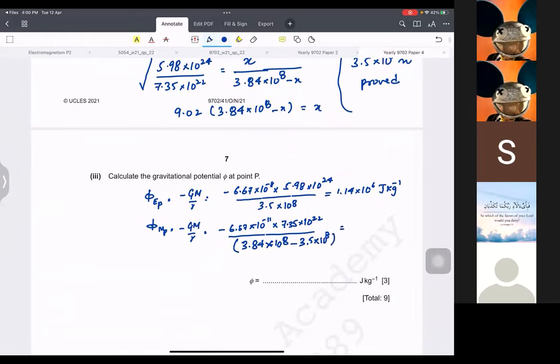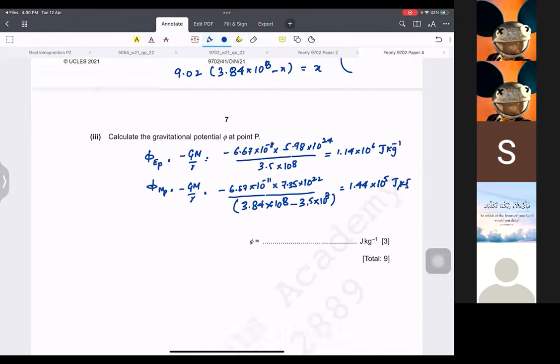So what is the answer then? So I got 1.44 times 10 power 5, but my final answer is wrong. This is 1.44 times 10 power 5. Okay, so that's fine. No worries.